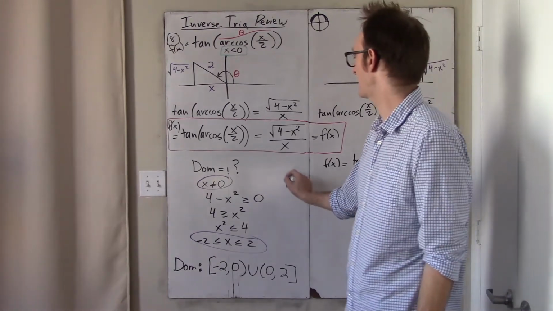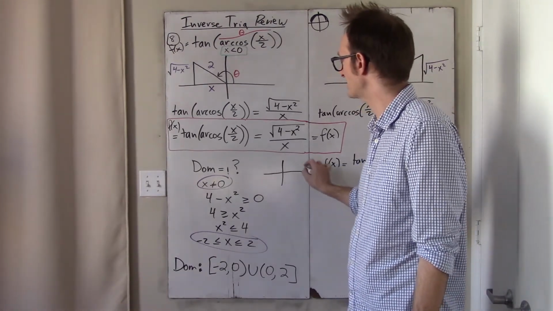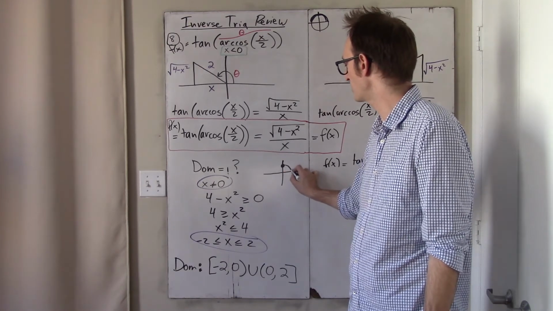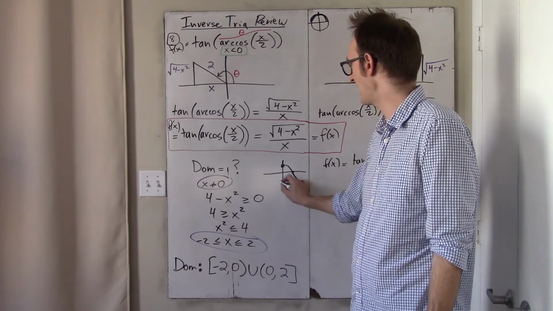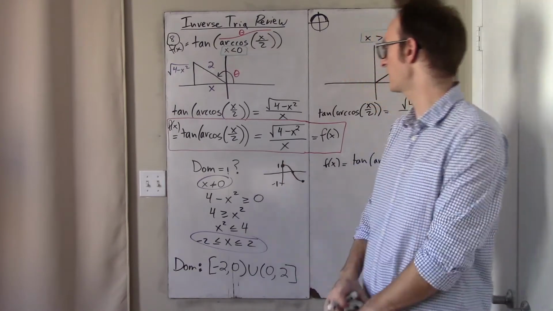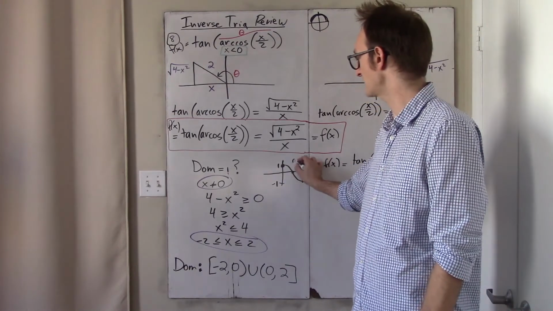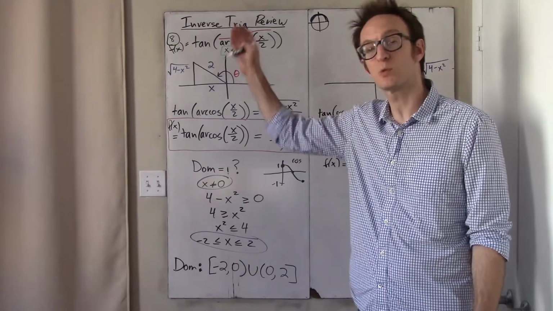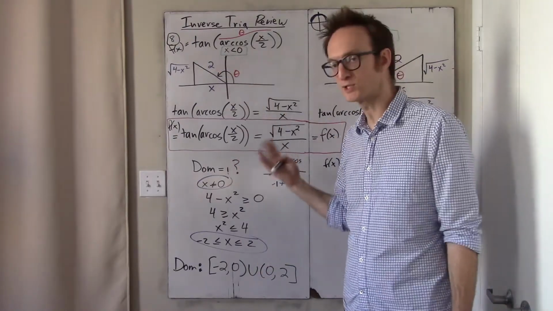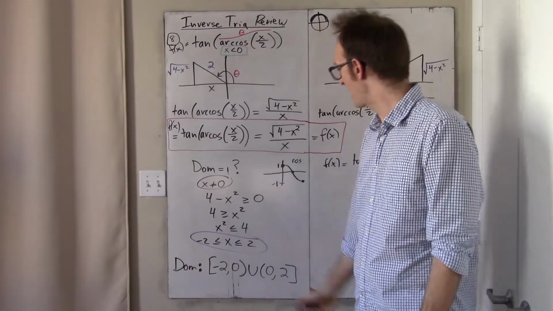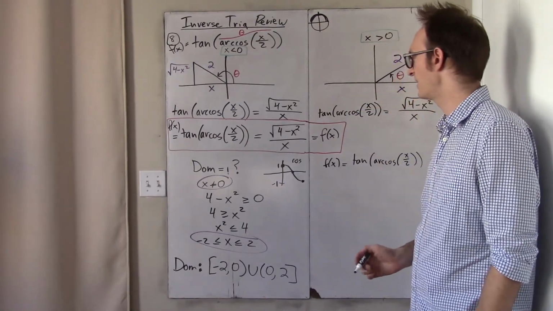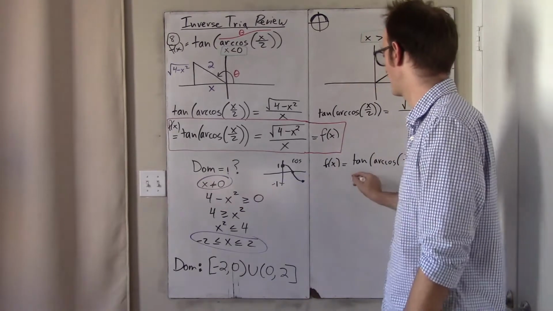Well, that's a complicated question, but you've seen that the cosine function looks like this, and that's -1 and that's 1. The range of the cosine function is always -1 to 1. Cosine outputs things from -1 to 1, and therefore, arc cosine inputs things from -1 to 1.